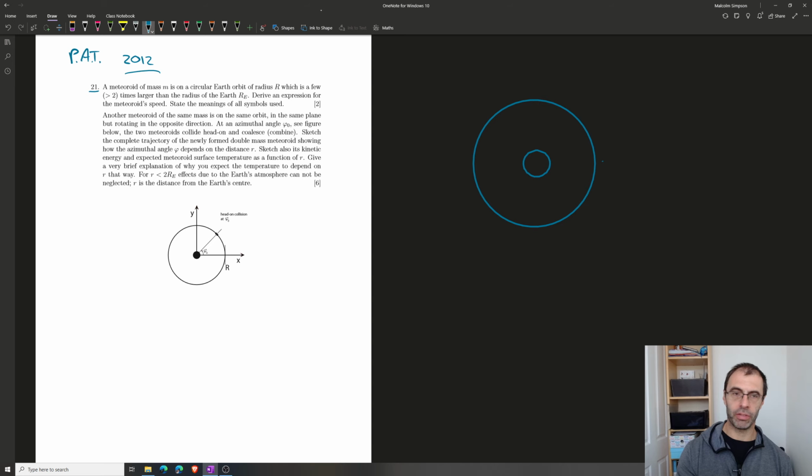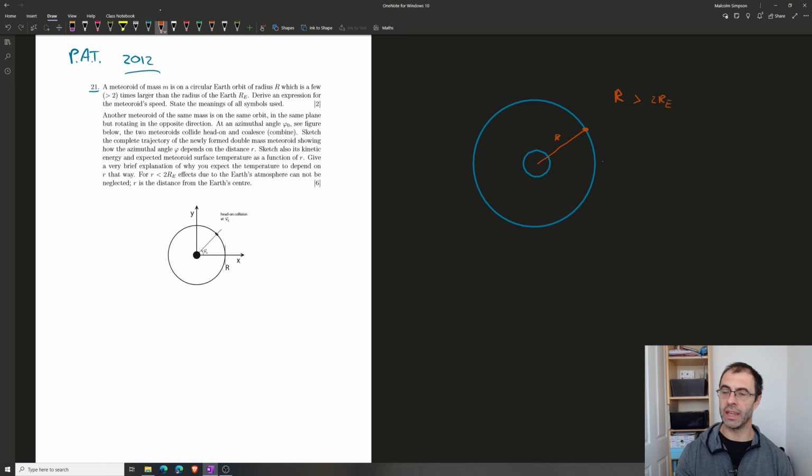So there's planet Earth, and here is this meteor's orbit that is of radius r, and we're told that r is large. It is greater than 2 times the radius of planet Earth. So this first part: derive an expression for the meteoroid's speed, stating the meanings of all symbols used. This is a pretty standard question type.